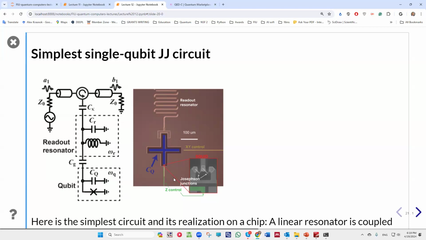So what is the qubit here? The qubit is this blue cross and this very, very tiny area with the Josephson junctions. This is the qubit. The rest of the circuit is the excitation, readout and control part, like the Z control part, and so on. And the picture on the left demonstrates the RLC circuit of this.